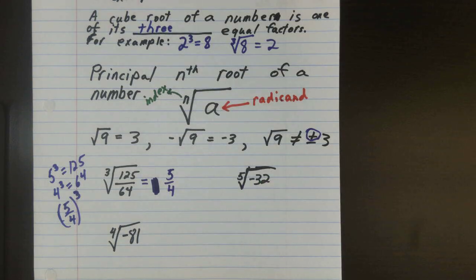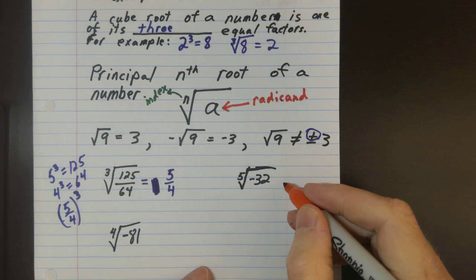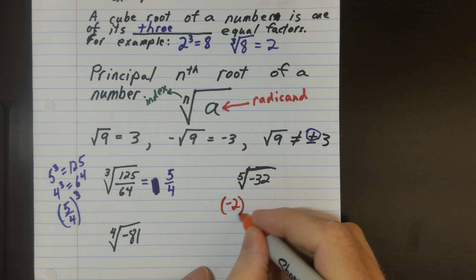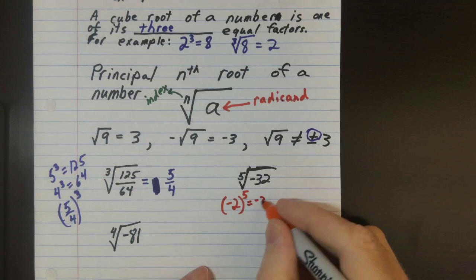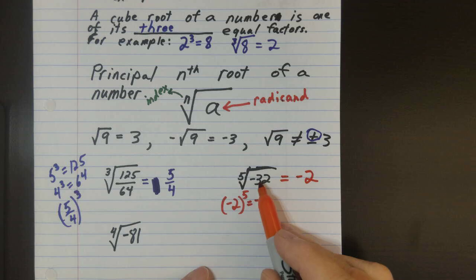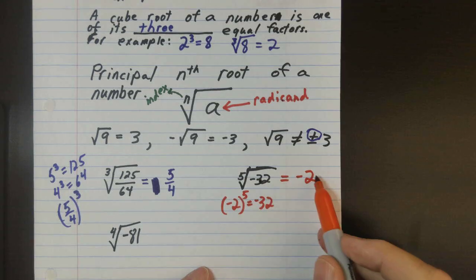Now, on the second example, the fifth root of negative 32. What we know here is negative 2 to the fifth power is negative 32. So the fifth root, and it's the principal root. And notice the radicand is negative.